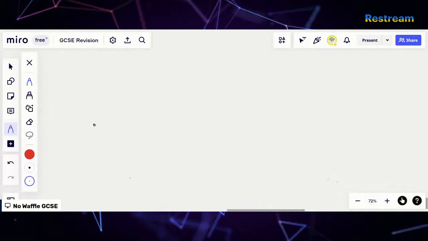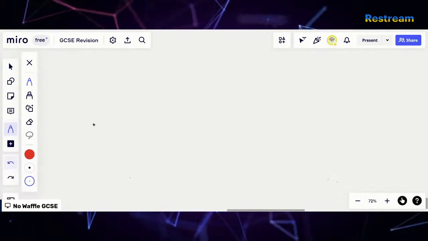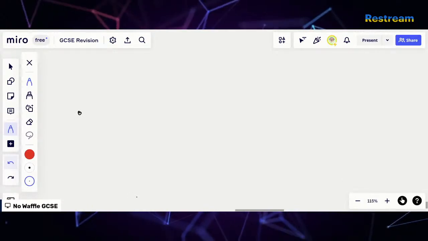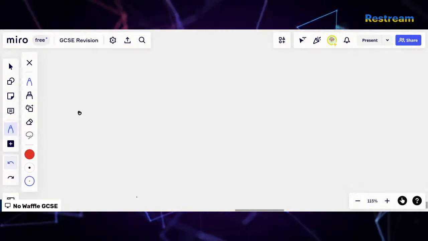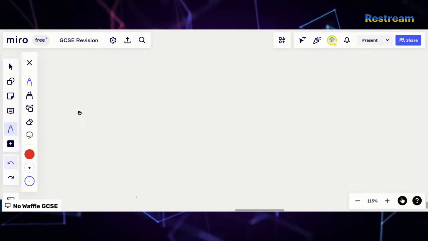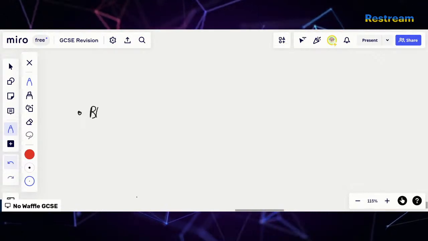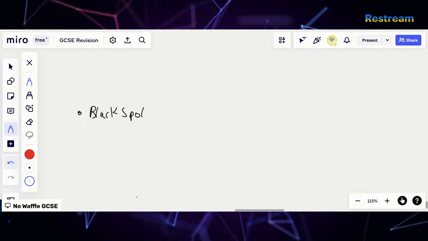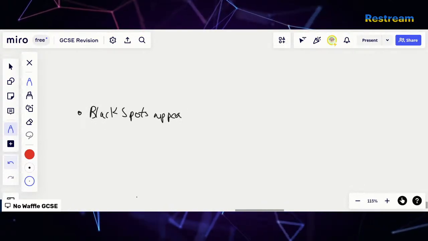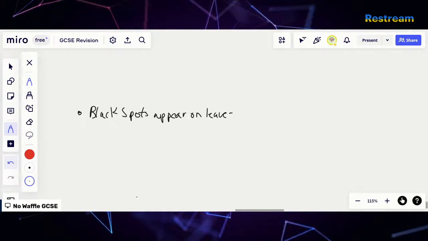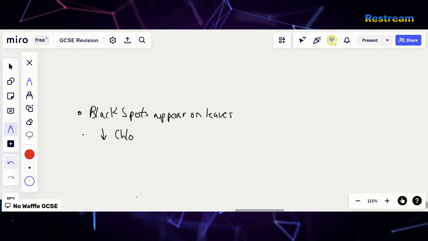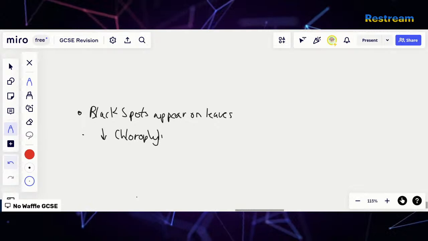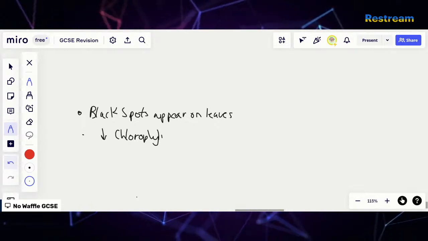So what is needed? What nutrients are needed for plants to grow? Well, we have nitrates, which are used for the production of proteins, and then we have magnesium, which is used in chlorophyll. So what happens is, because of TMV, these black spots appear on the leaves. Because these black spots appear, this reduces the amount of chlorophyll that can then absorb the sunlight.